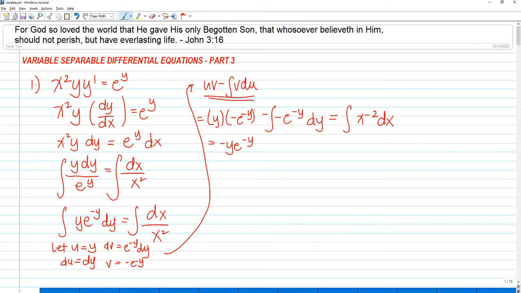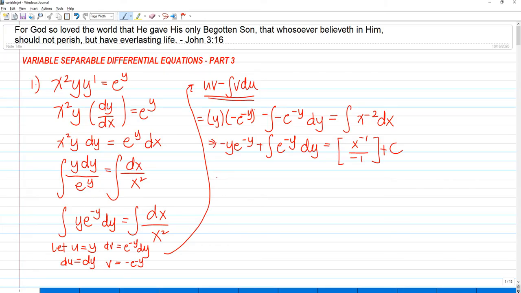And I can factor out the negative outside of the integral sign so that this becomes positive, because negative times negative, we have e raised to negative y, and still dy. Get the integral of this. So this would be x raised to negative 1 all over negative 1, and we add plus c here on the right side of the equation.